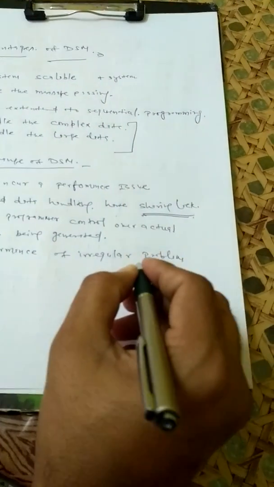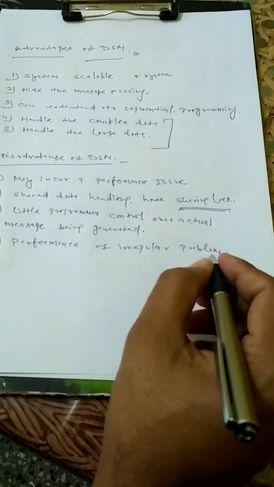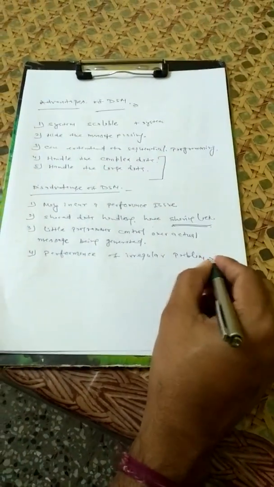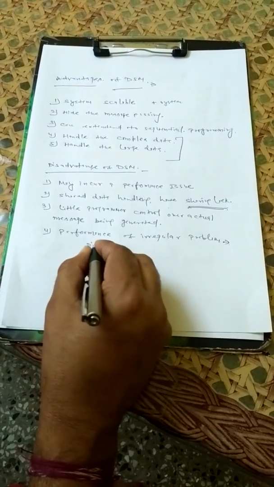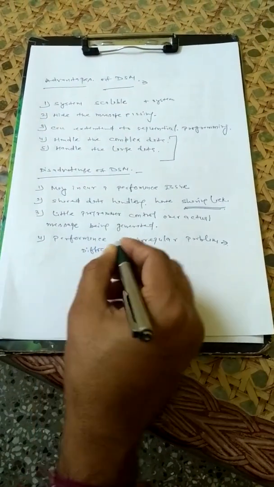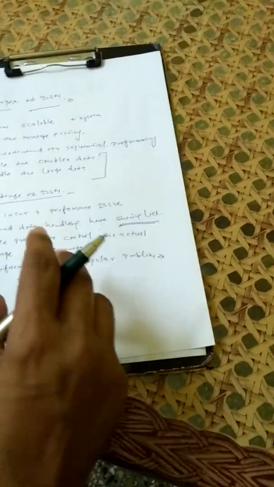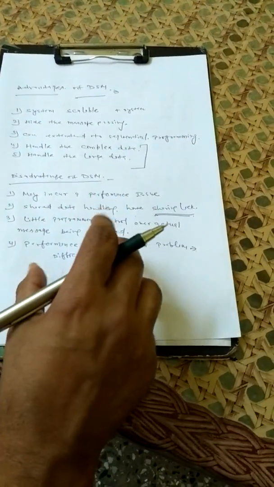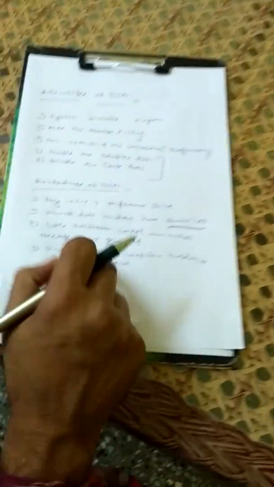Basically in which field? Performance on irregular problems in particular may be difficult. We will discuss the difficult part. Its performance may decrease in the difficult part. So it is related to the first issue.